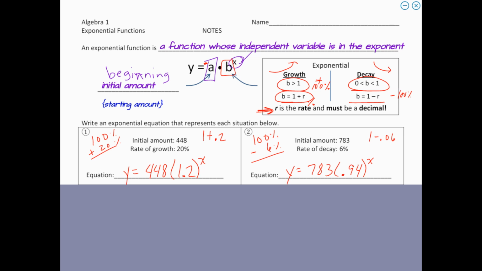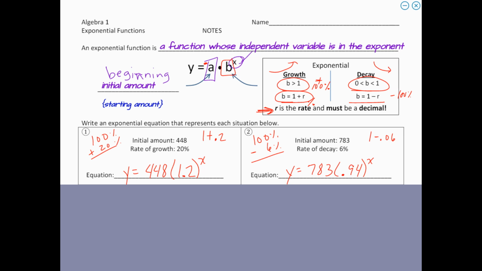Oh, so it's supposed to be like in front of it. So it's supposed to be like this.